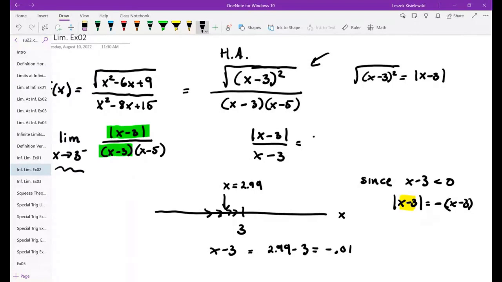Okay. So this would be, all right. So we see that when we cancel, we get -1 in this case.